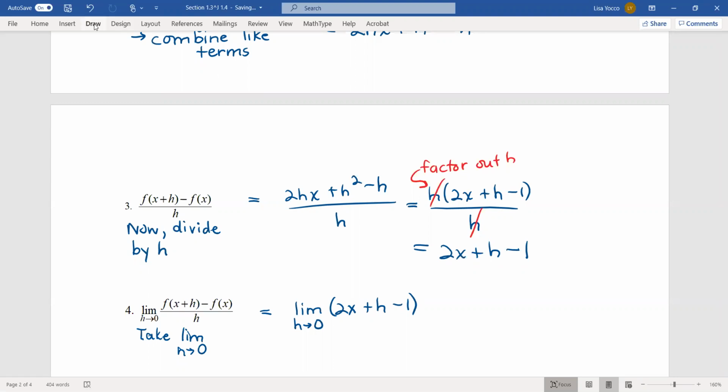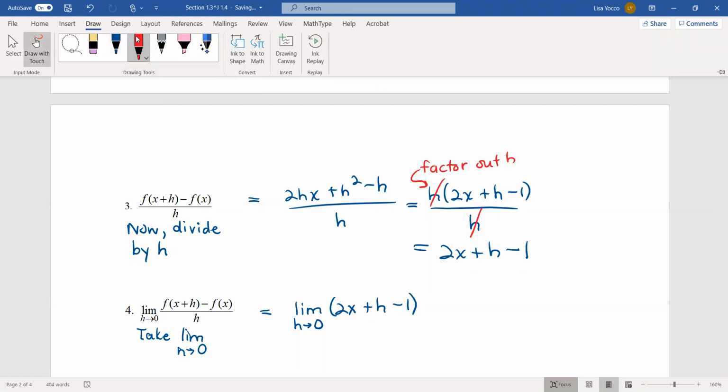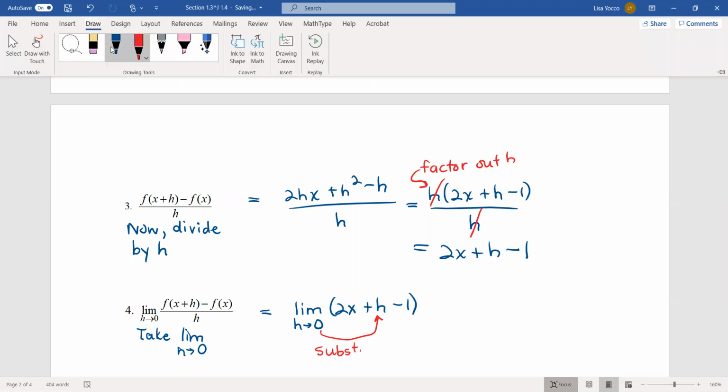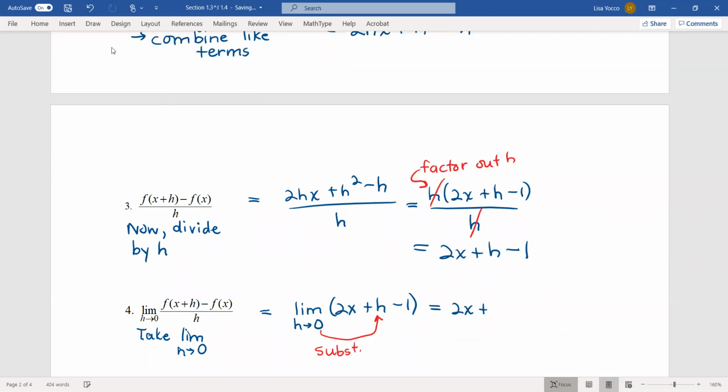Remember that for a limit, we do that by substituting. So we want the limit as h approaches 0, so we substitute 0 for h, which gives me 2x plus 0 minus 1, which is 2x minus 1.